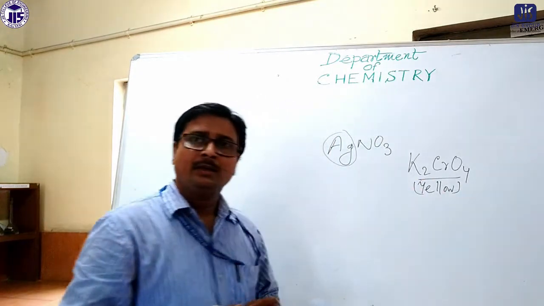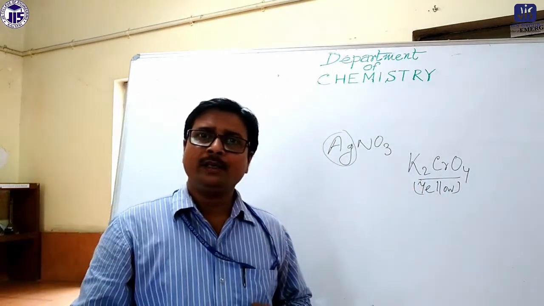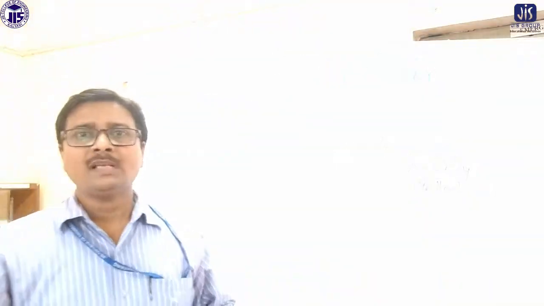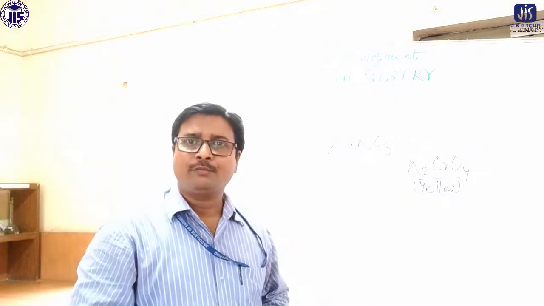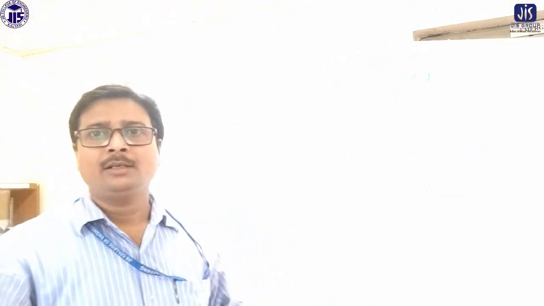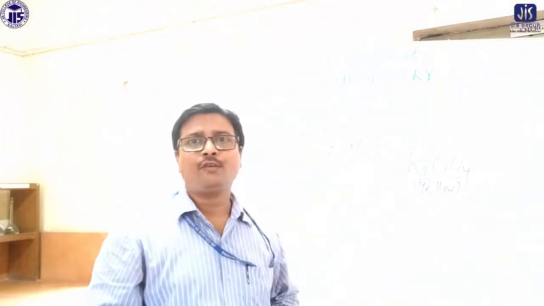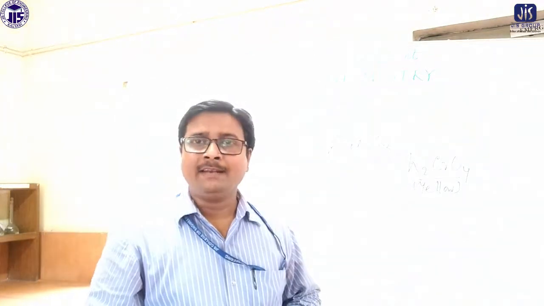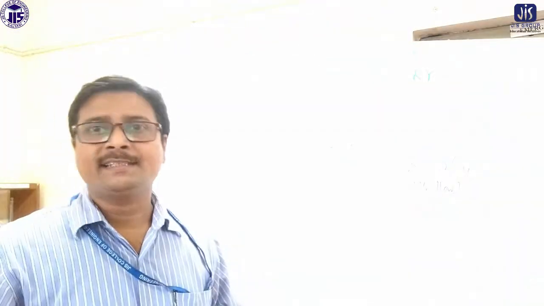So whenever we add the silver nitrate solution into the water sample in the presence of the indicator potassium chromate, what happens? First of all, the silver ion binds with chloride and is precipitated out as silver chloride.